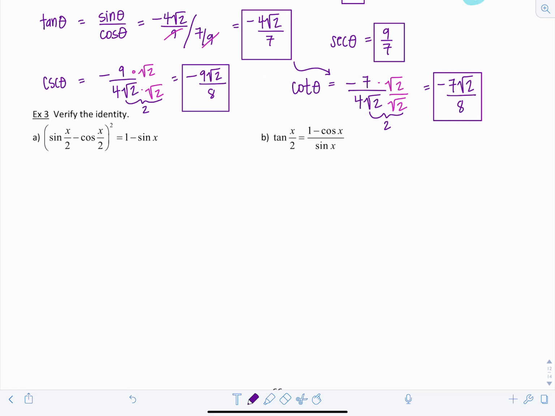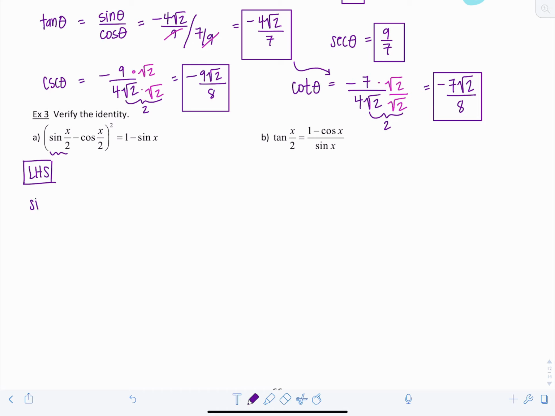Okay, so verify the identity. Let's pick a side to start with. I think the left-hand side looks messier, and I already see x over 2, so maybe we can use our half angles in some way. So we'll start with the left-hand side. Since I have this quantity squared, why don't we expand it? So I'm going to square the first term.